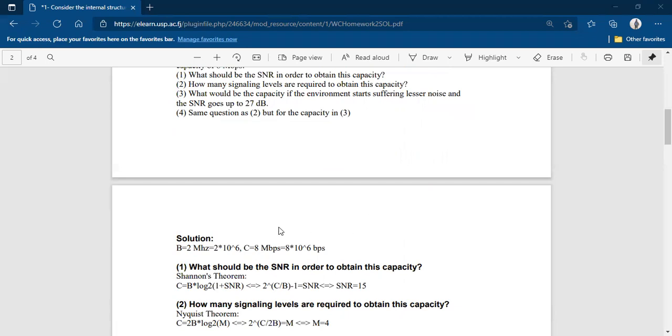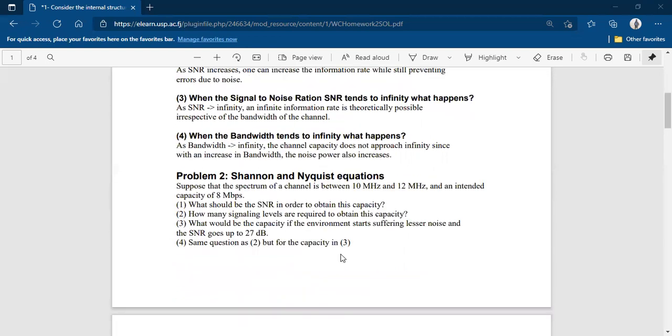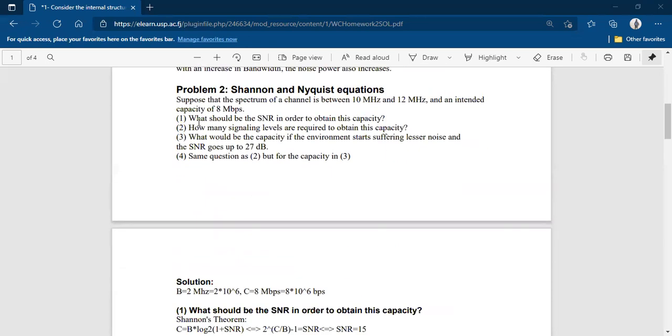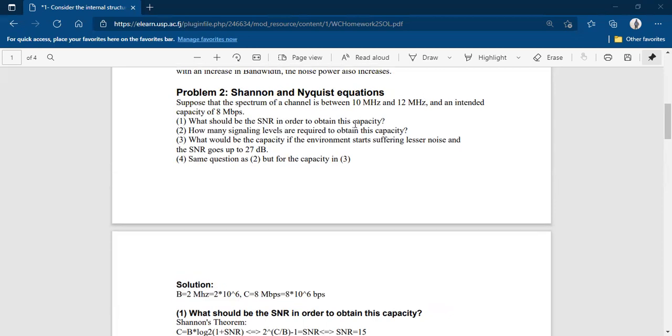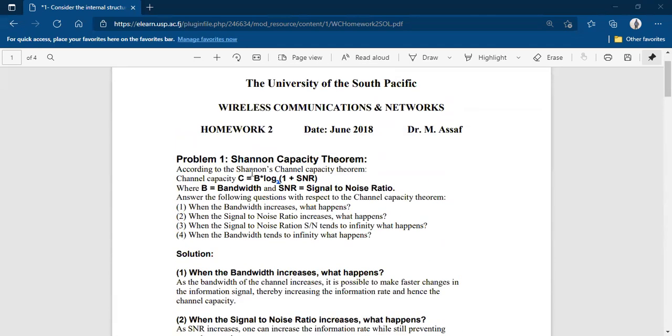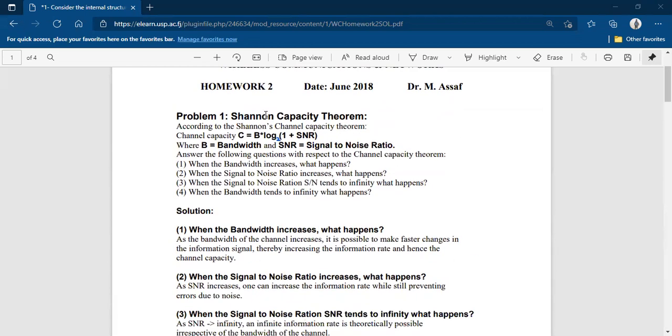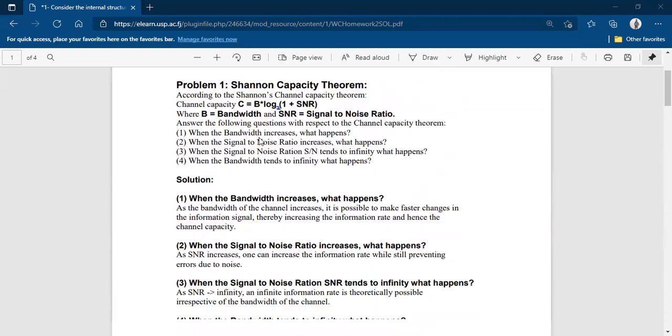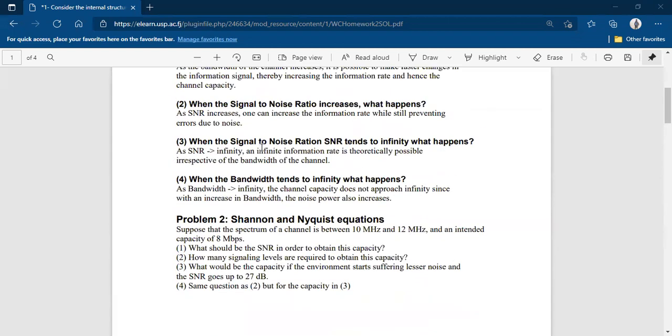If you go back and look at the Shannon capacity formula, in this case we know our bandwidth and we know our capacity.